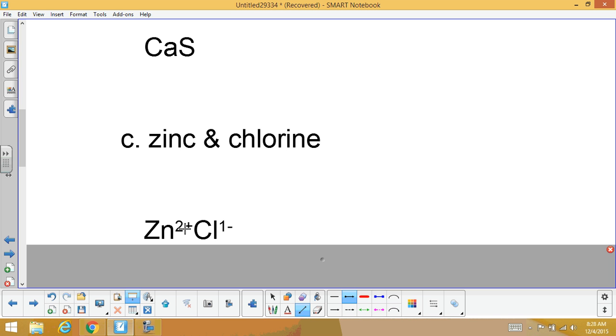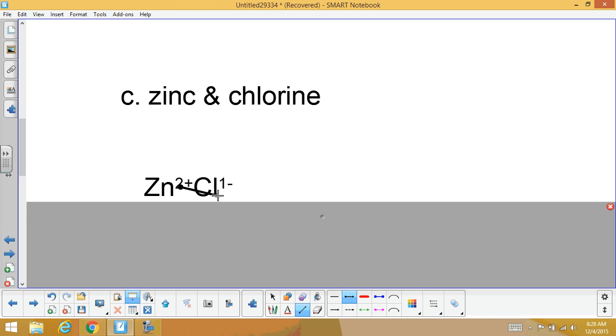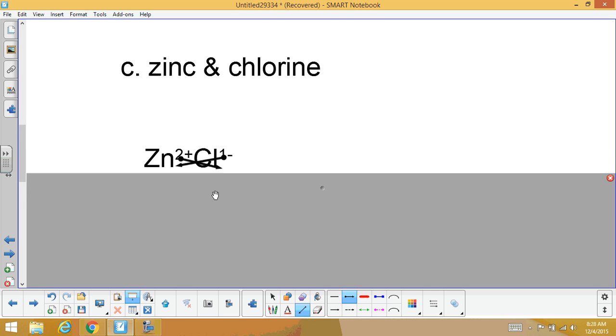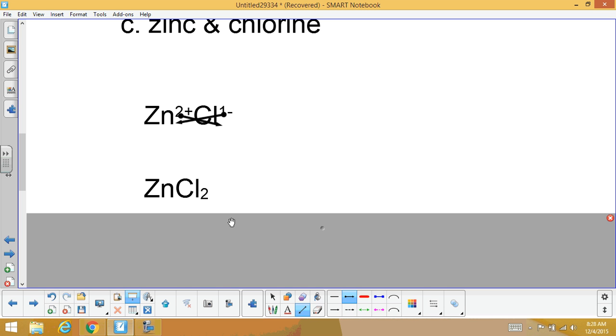You could have referenced page 221, which has the transition metals and their charges, or you could have looked up on the internet what zinc's charge was. Once you found zinc's charge was 2+, write it up there and cross. Chlorine's 1-, cross that. When you throw zinc and chlorine together to form a compound, you end up with the chemical compound ZnCl2. So that's C, zinc and chlorine to make zinc chloride.